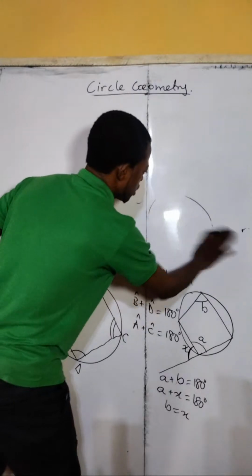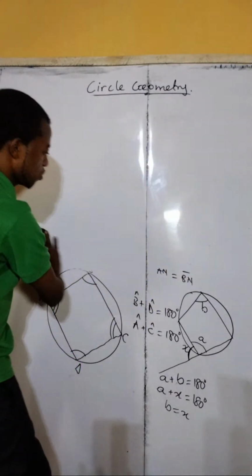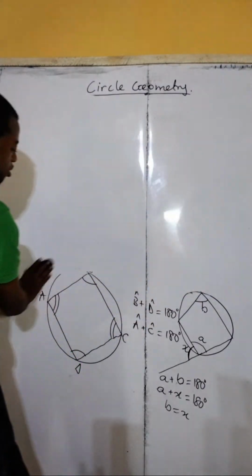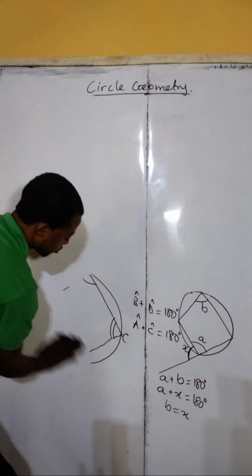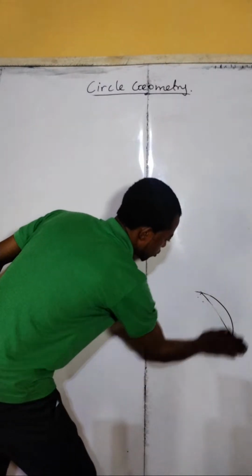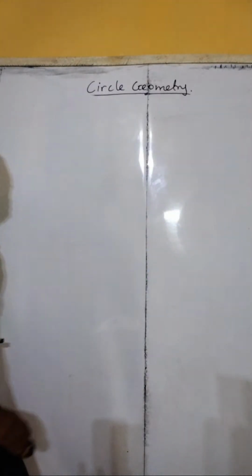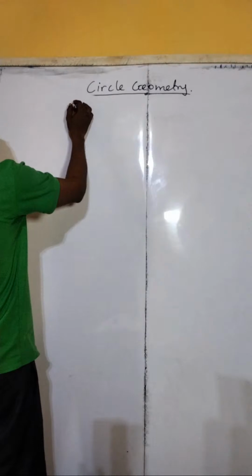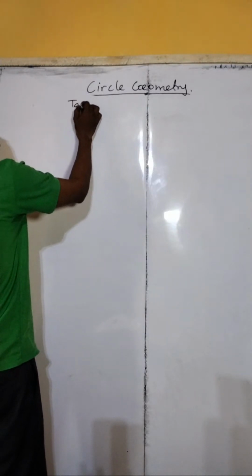So a tangent is a line that touches a circle at a point. So we have a tangent theorem.